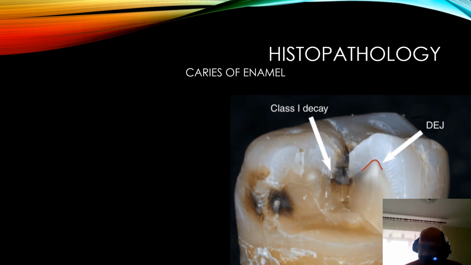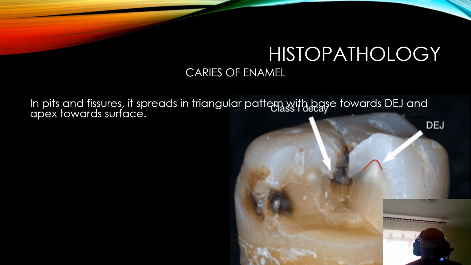Let's talk about histopathology. Caries of enamel. In pits and fissures, it spreads in a triangular pattern with the base towards the dentino-enamel junction and the apex towards the surface, like in this picture.